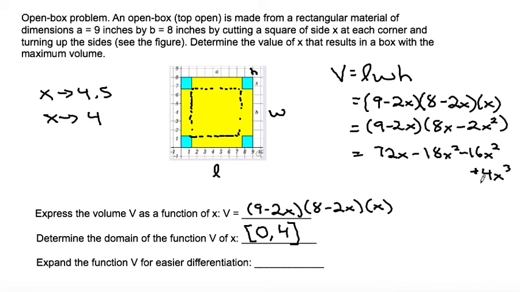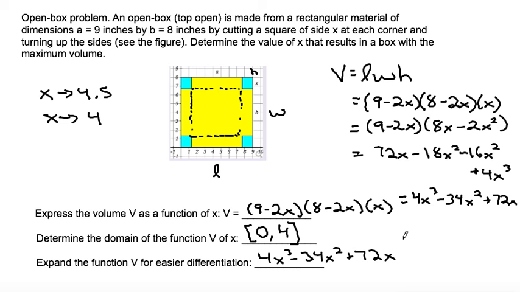So combining our like terms and putting our highest degree term first, we get 4X cubed minus 34X squared plus 72X. That's fully expanded out, and that would be our expanded function.